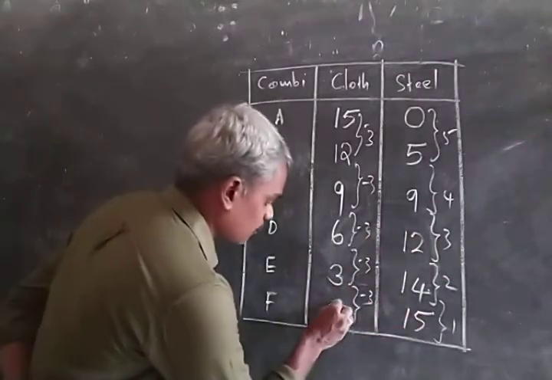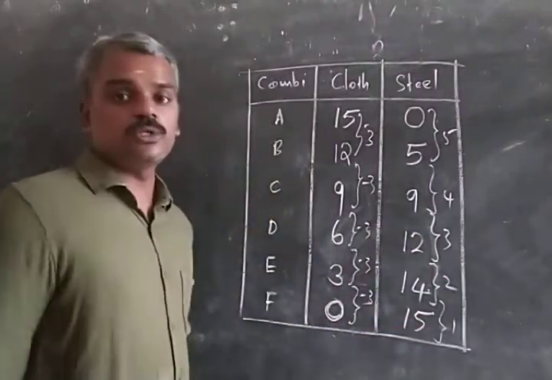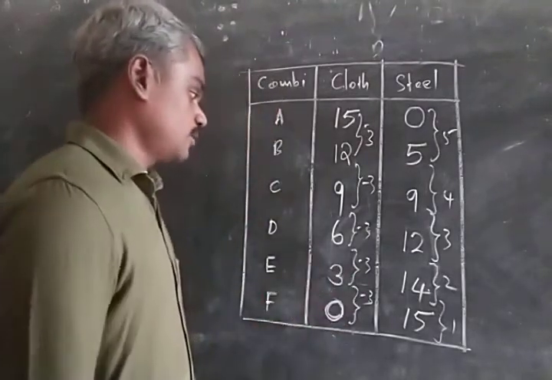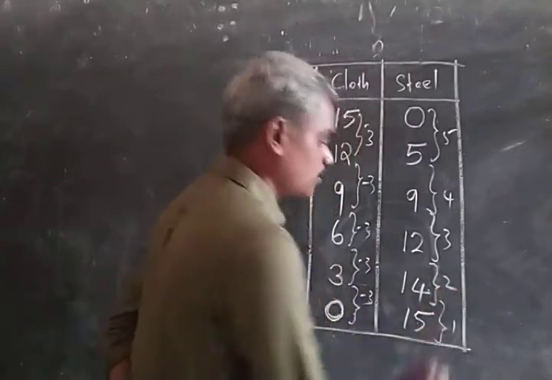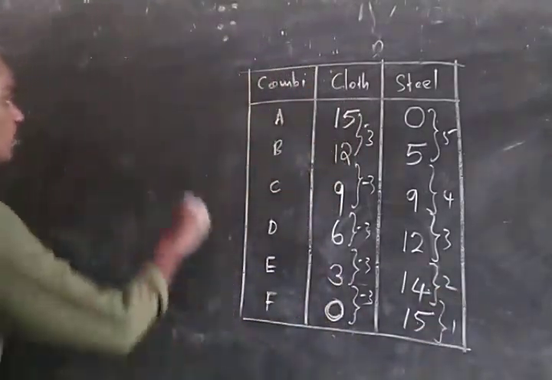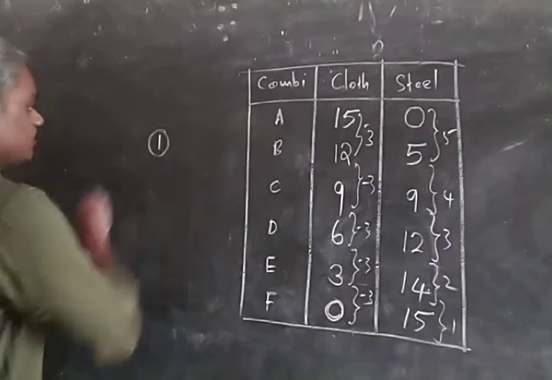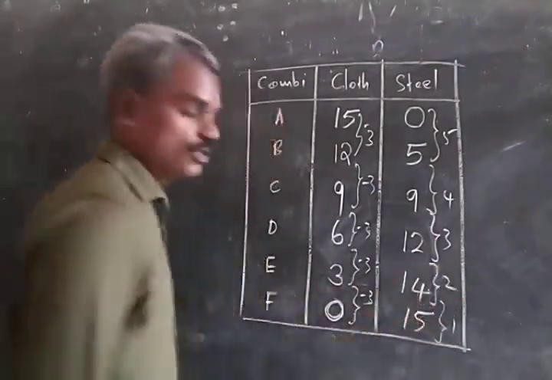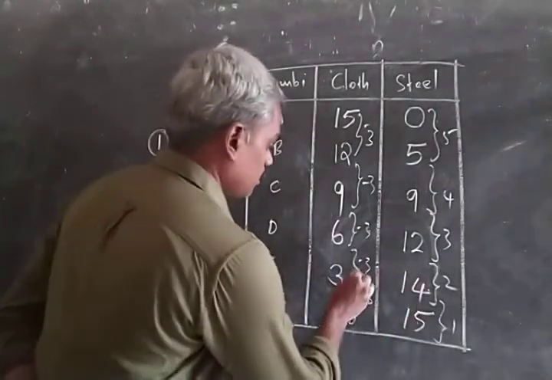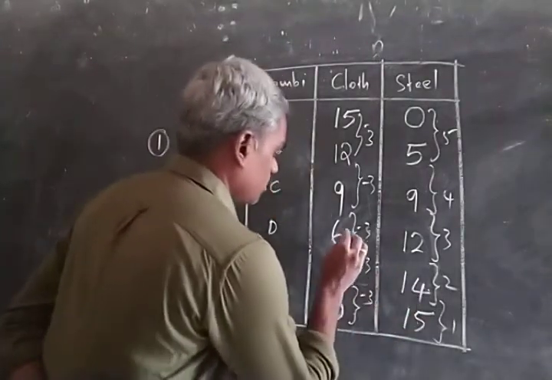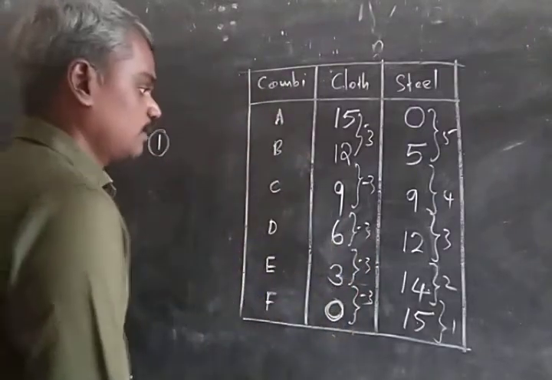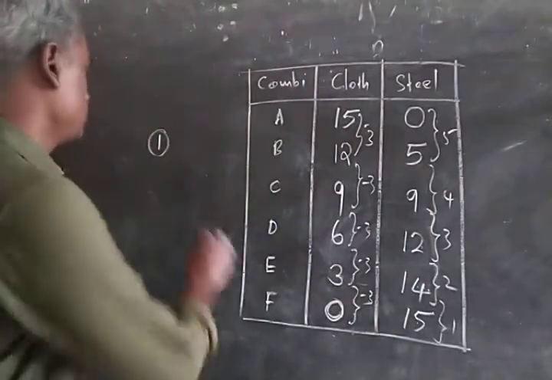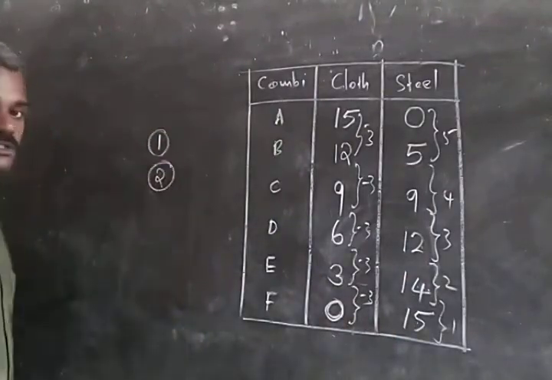Starting from 0 production of cloth, you are increasing production of cloth from 0 to 3. How many units of steel do you have to give up? Only one. So the opportunity cost is 1. The opportunity cost of producing 3 units of cloth is only 1 unit of steel, 15 to 14. Now you are increasing production of cloth from 3 to 6. Then you are giving up 2 more units, 14 to 12. So the opportunity cost increases to 2.